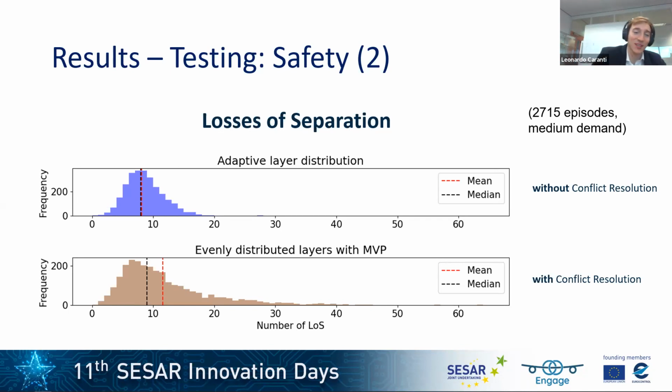Arguably the most interesting part of this graph is the tail of the distribution. The evenly distributed layers concept has a significantly longer tail, which means that there are a number of episodes with conflict hotspots, which generate many, many losses of separation. This does not happen in the adaptive layer distribution.